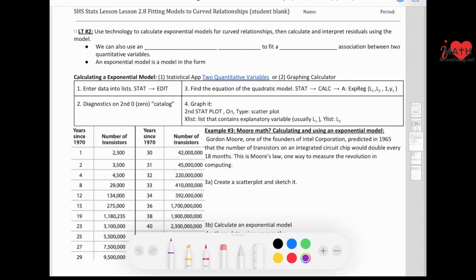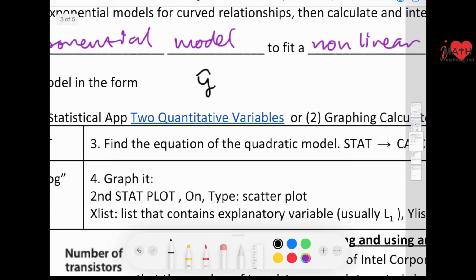Use technology to calculate exponential models for curve relationships, then calculate and interpret the residuals using the model. We can use an exponential model to fit a non-linear association between quantitative variables. An exponential model is a model in the form of y hat equals ab^x.